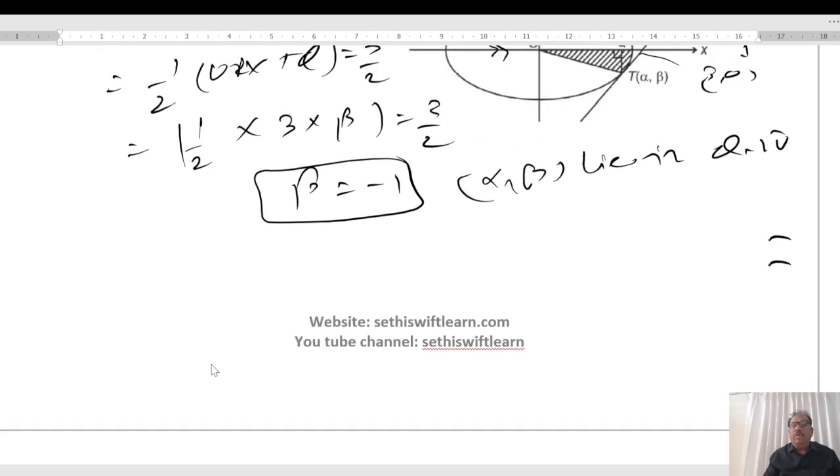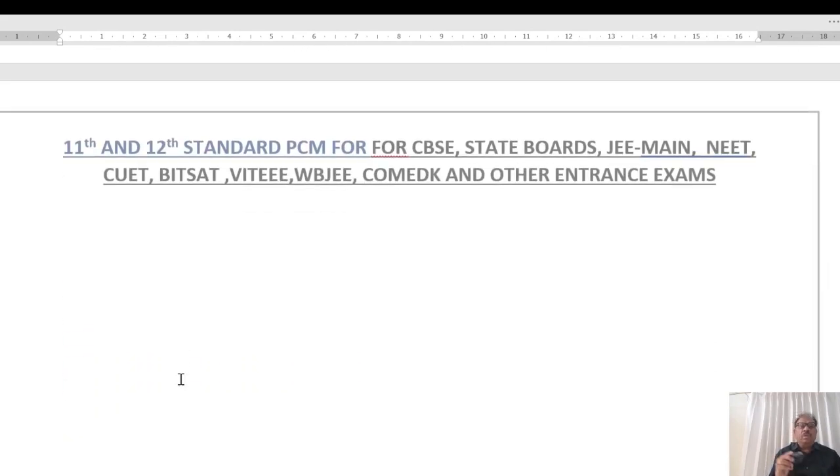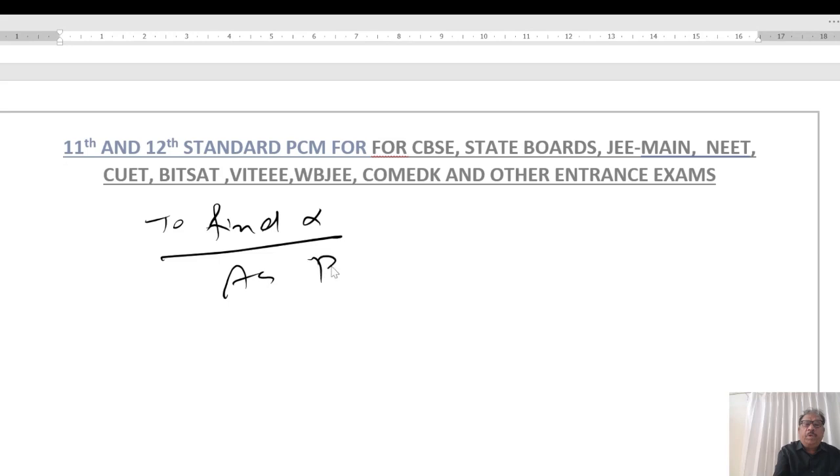Now to find alpha, we use the relation that the point alpha, beta lies on the ellipse, therefore it will satisfy the equation.